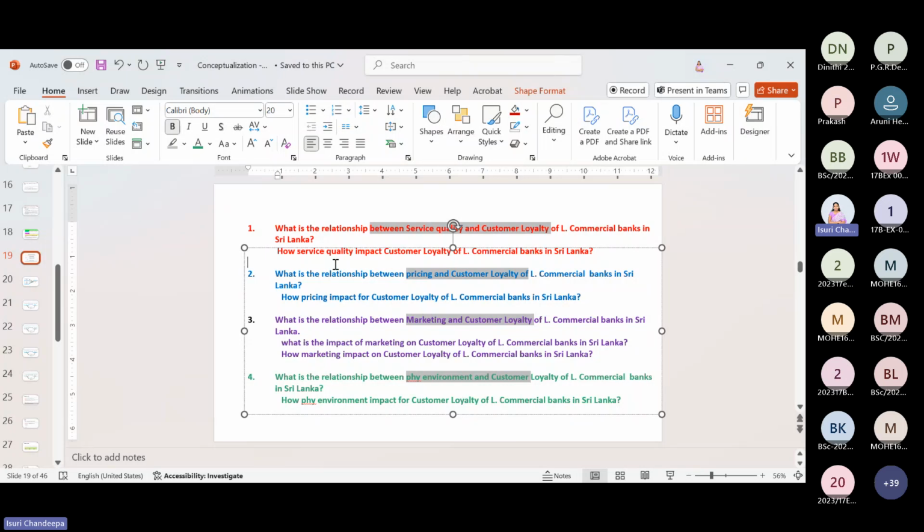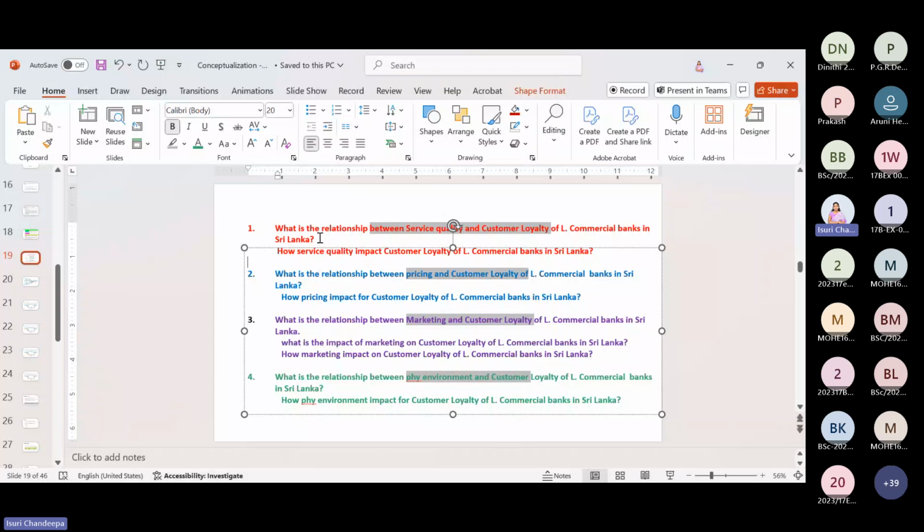In line with the questions, definitely you need to develop the research objectives too. The first question: what is the relationship? The research objective should be to identify the relationship between service quality and the customer loyalty of the commercial banks in Sri Lanka. So developing the objectives, you need to convert the same research questions with to plus an action verb.